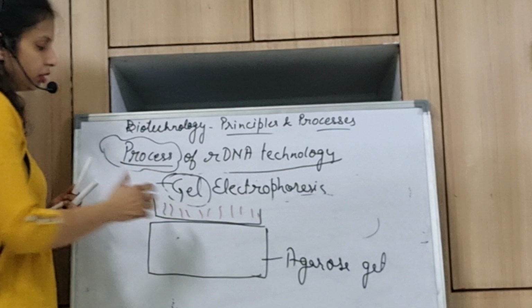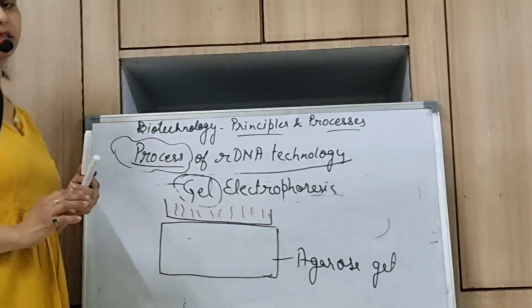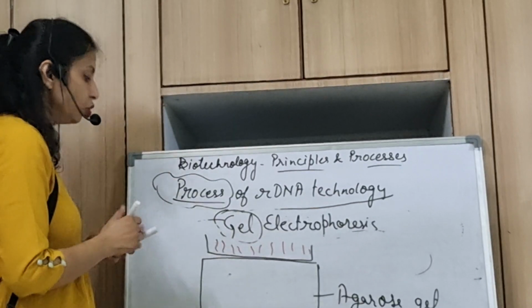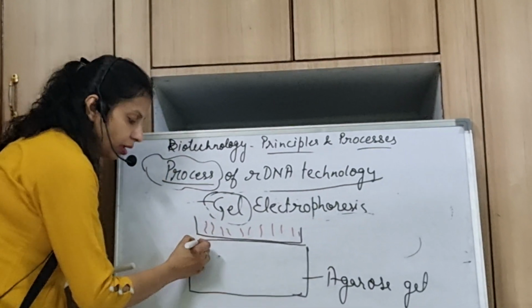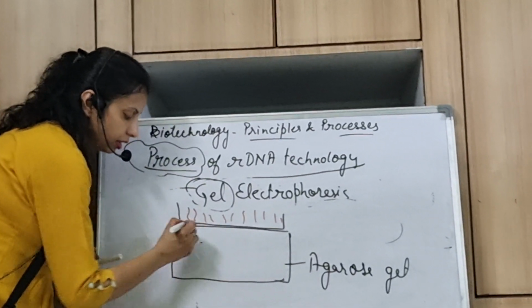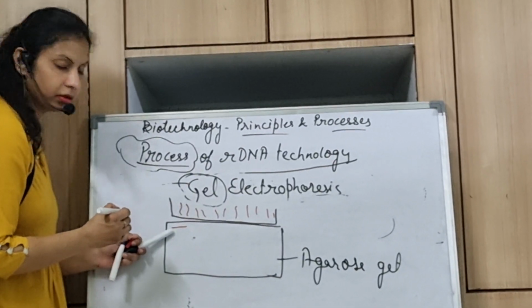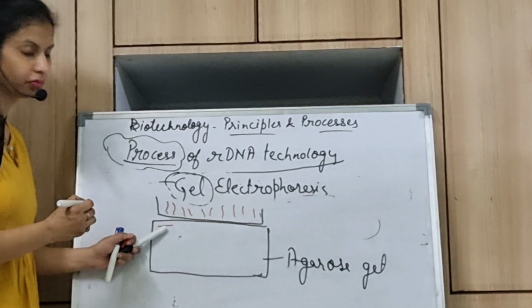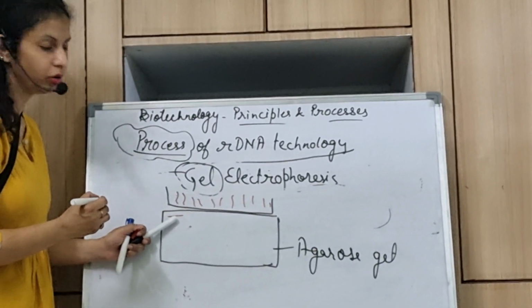Now these DNA pieces, they are of different molecular weight. So those DNA which are of heavy molecular weight will not be able to travel much because they have high molecular weight.